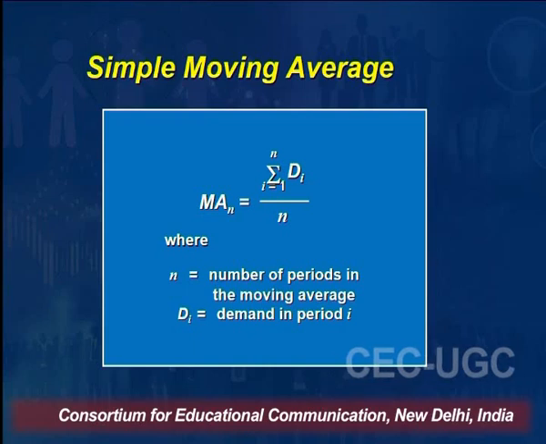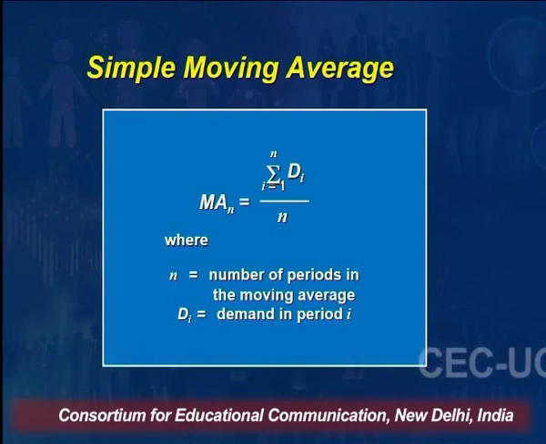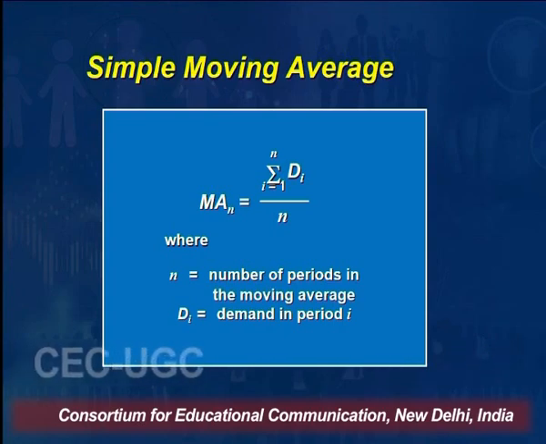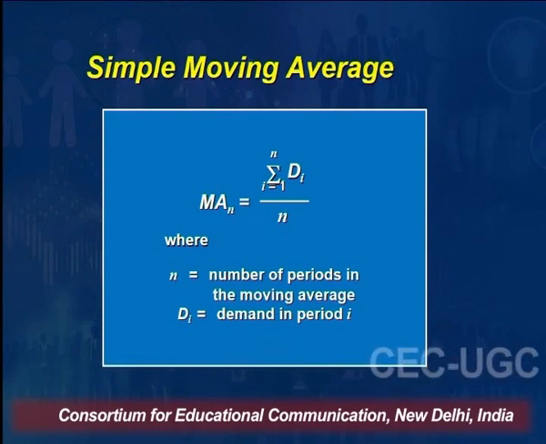Then we come to simple moving average. Moving average MA_n is equal to summation, that is sigma D_i upon n, where n is the number of periods in the moving average and D_i is the demand in period i. So here, for example, you have said that I will take a simple moving average of the past 3 months.